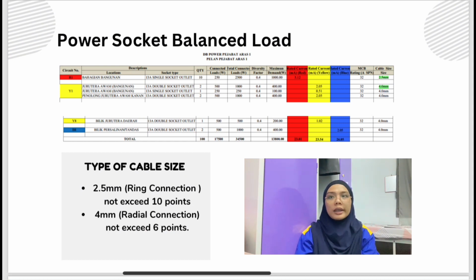For ring, the cable size we use is 2.5 millimeter, and it cannot exceed 10 points, which is the connection from one socket to another socket. The circuit is 10 sockets only. For radial connection, the cable size is 4 millimeter, and it cannot exceed 6 points, which means the connection only has 6 sockets.